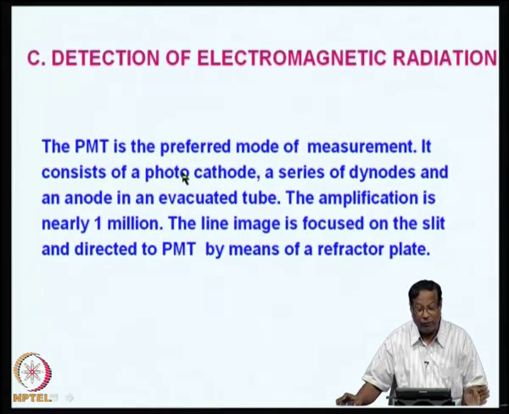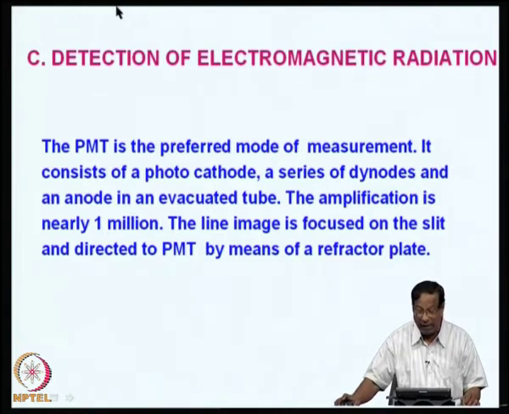It consists of a photocathode, a series of dynodes and an anode in an evacuated tube. The amplification obtained is approximately 1 million times. The line image is focused on the slit and directed to the PMT by means of a refractor plate. That is the typical arrangement for a photomultiplier tube.